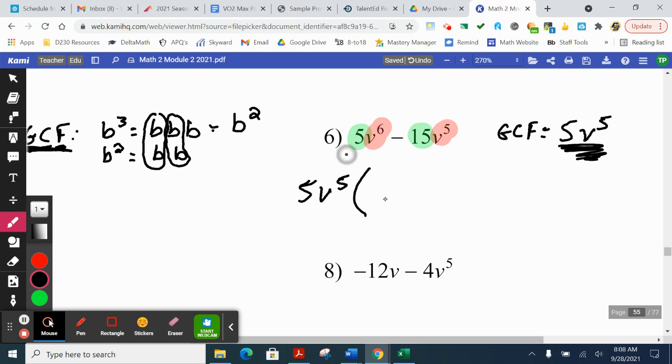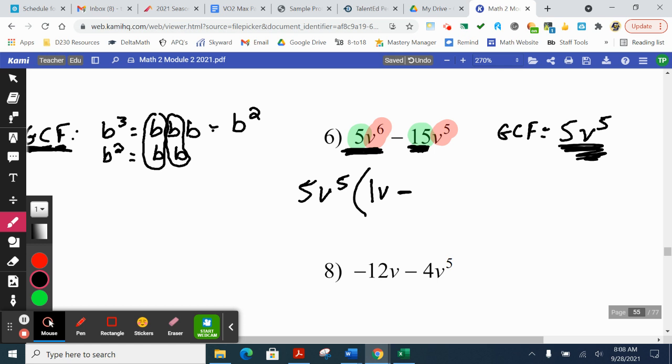So if we consider this first term, notice how we started with a 5, but didn't we pull the 5 out? So there's nothing there. You could put a 1. We started with 6 v's. I pulled 5 of them out. So do we agree there would only be 1 v left over? Started with 6, pull 5 out. That means 1 is left. Then I'm going to do minus. If I started with a 15, what would I still have right here if I pulled 5 out?